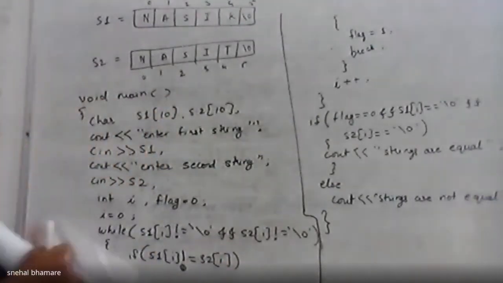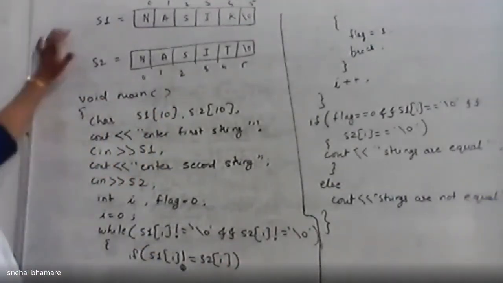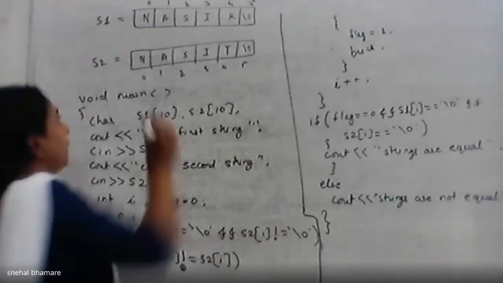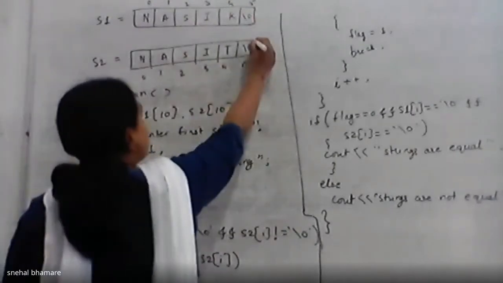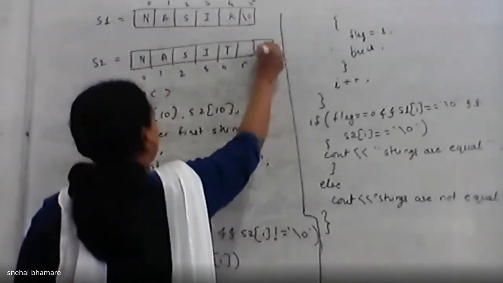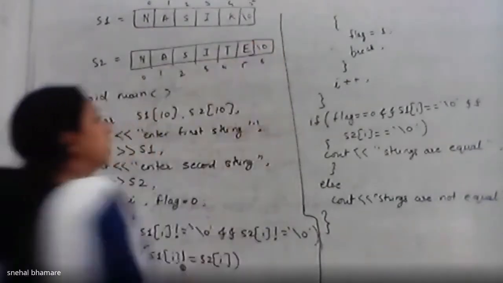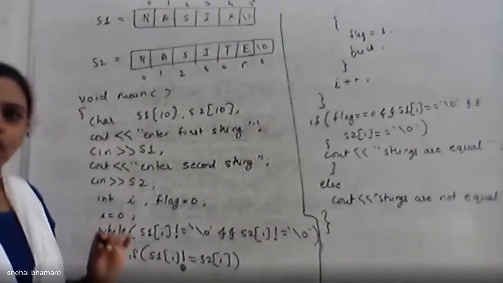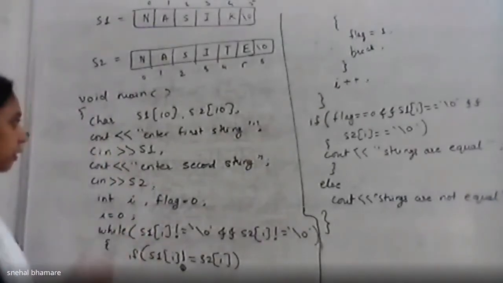Now I would like to explain this. Suppose we have two strings of different length. For example, the length of the first string is 5 and the length of the second string is 6. So the strings are not equal. We know this. How is it computed in the program?